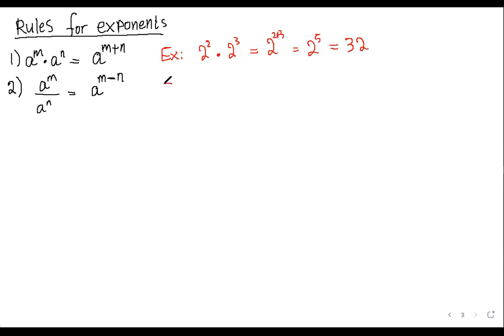Example for that. If I have 2 to the power 3 over 2 to the power 2, what's the answer? It's 2 to the power 1. Why? Because 3 minus 2 is 1, and this is 2.